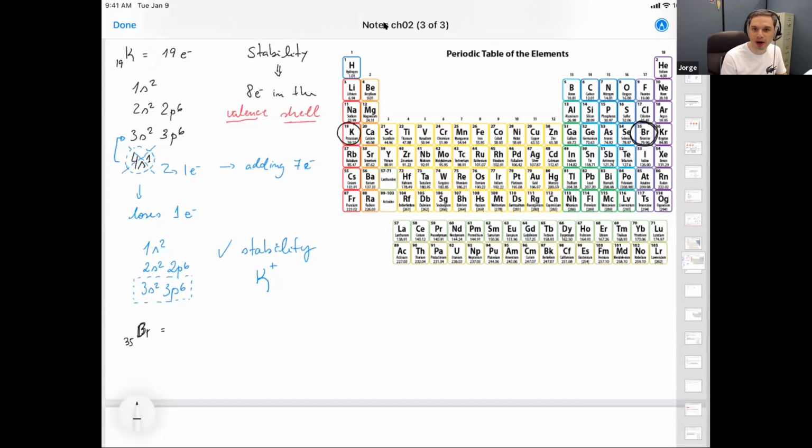There is no charge to this point. Therefore, we have 35 electrons. And now I'm going to use the trick of determining the number of valence electrons just looking at the group. So bromine belongs to group 17.